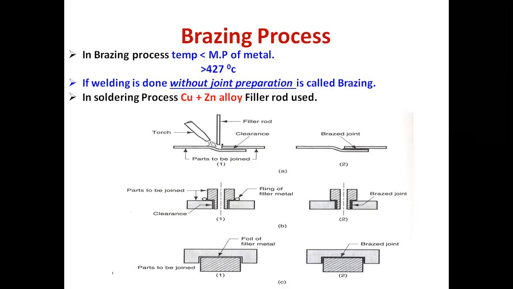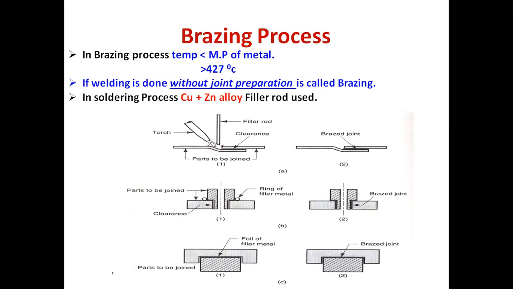And brazing gives strong joints which can stand a temperature of 400 to 500 degrees Celsius. Further, by choosing the correct filler material, necessary physical properties can be imparted to the joint. This is also one of the most important advantages of brazing.